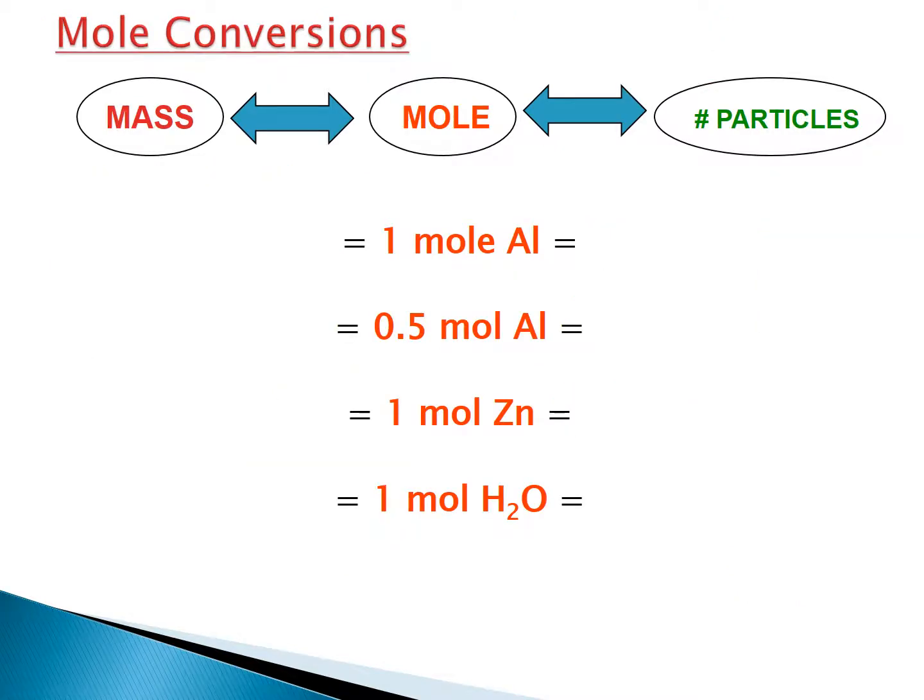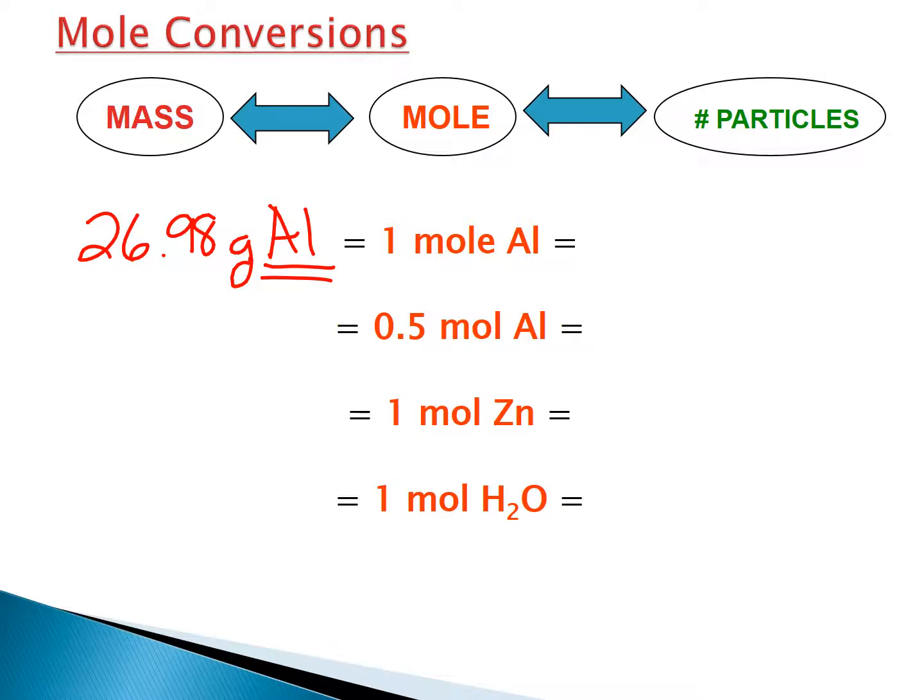So let's look at a little summary of some of this. If I have 1 mole of aluminum, to get its mass, I would use the periodic table and see that it's 26.98 grams. Every time I put a unit, I'm also going to include a label saying what the substance is. That can be really important in the next topic. Not so much right now, but it's good to get in the habit now.